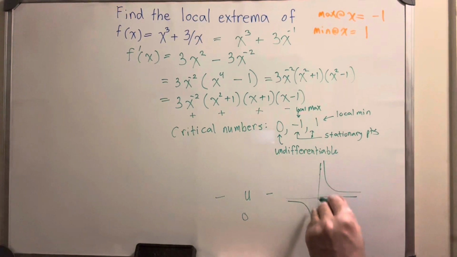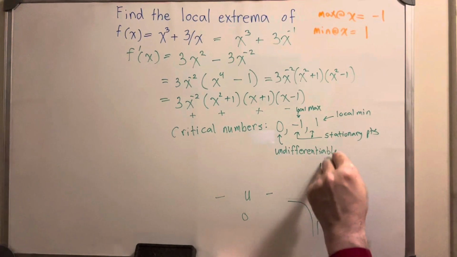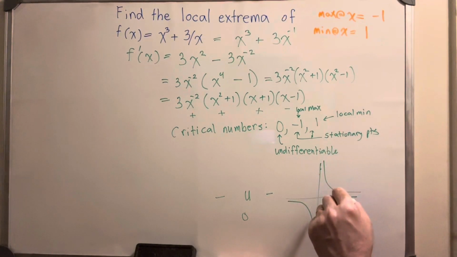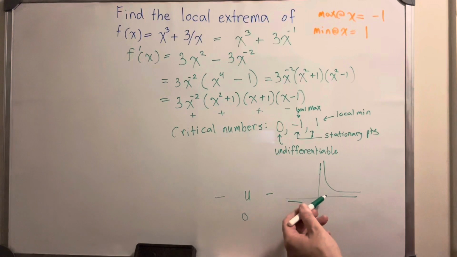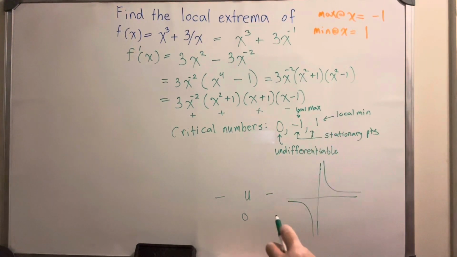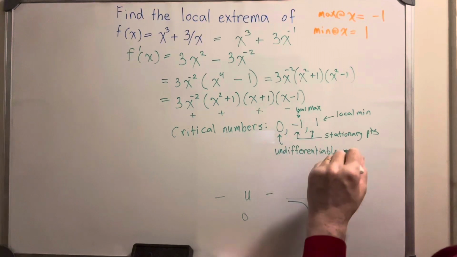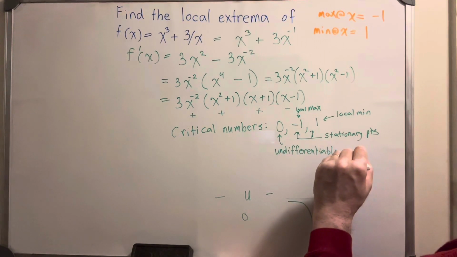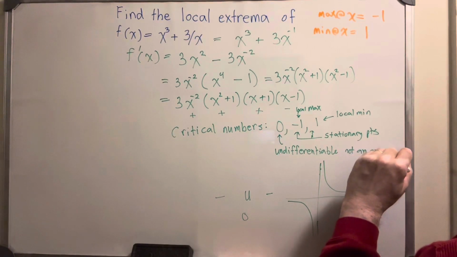I'm not saying that this is what this function looks like, but this is a case where there is no local maximum because this infinitely gets to more and more negative infinity. And as soon as you pass 0, there is no maximum as you get close to 0 from the right. But we know that this is not an extrema.